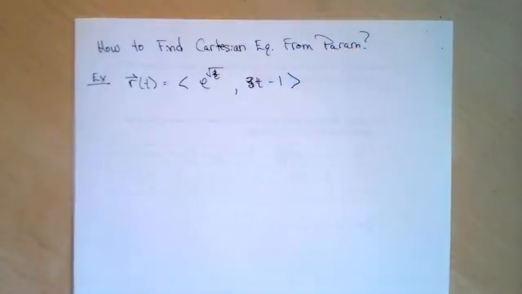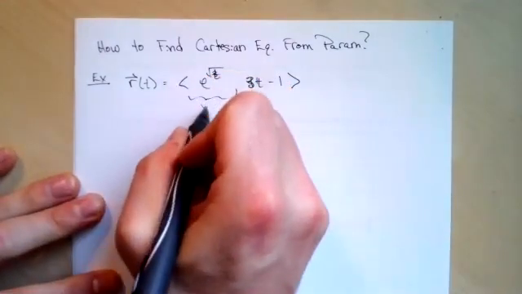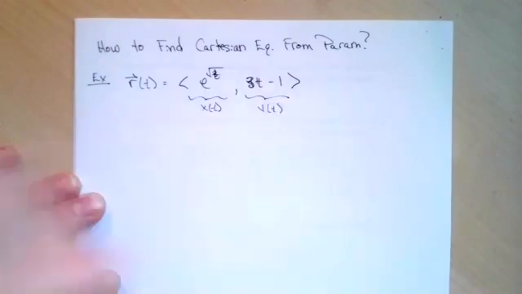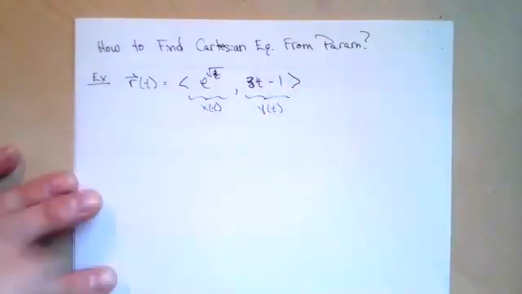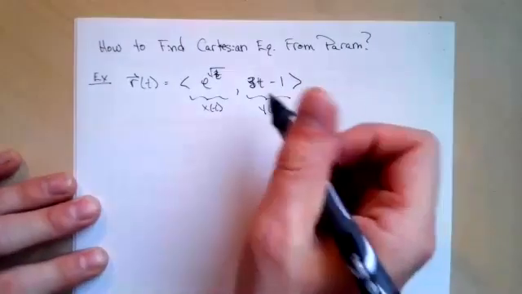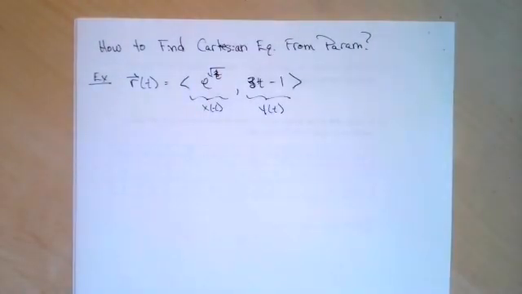So of course, this is our x of t, and this is just our y of t. And we want to find Cartesian equations.